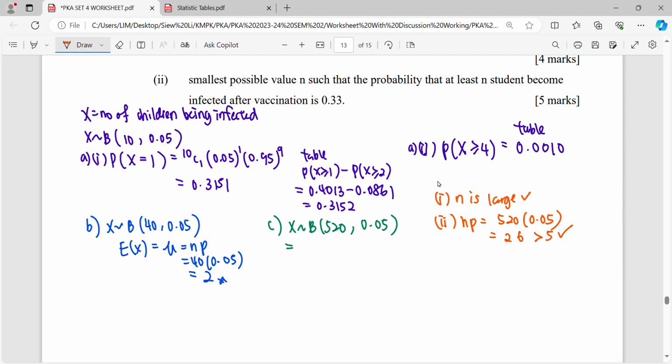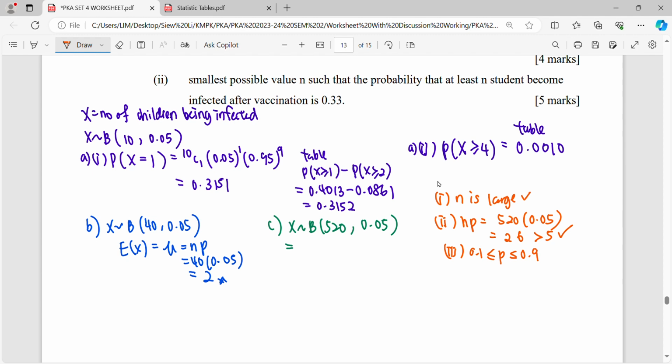So number 3, you're having a smaller probability. Your probability is supposed to be in 0.1 until 0.9, but this question gives you 0.05. So if you want to answer according to your syllabus, you only have one option, change binomial to normal. Change binomial to Poisson is not in your syllabus.